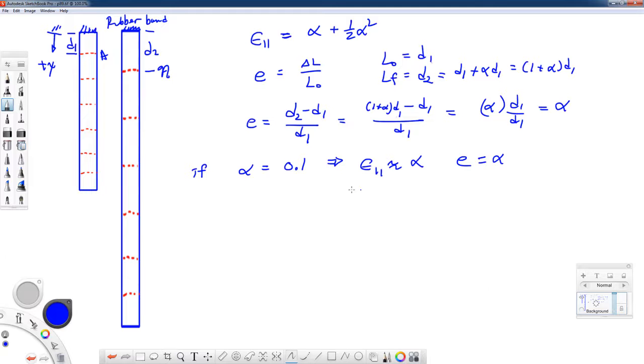If I add that to 0.1, then epsilon 1, 1 will be equal to 0.105. And the engineering strain then would be equal to alpha, which is about 0.1. So in this case, for small alpha, our Green-St. Venant term is approximately equal to our engineering strain term.